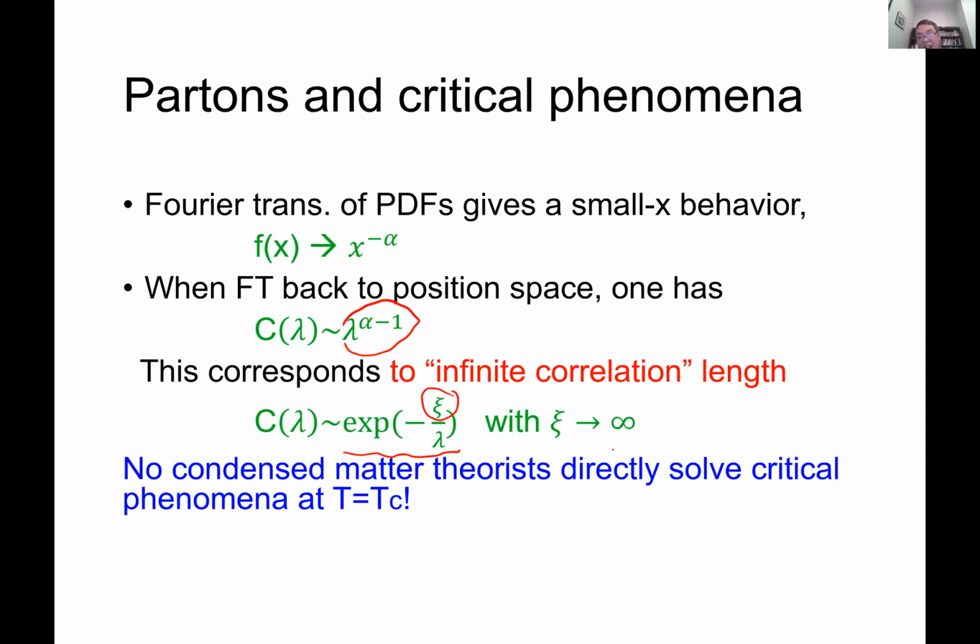In fact, no condensed matter theorist directly solves a system at a critical point because you don't know how. Many, many degrees of freedom are strongly coupled and correlated, and there is basically no approximation for you to make.